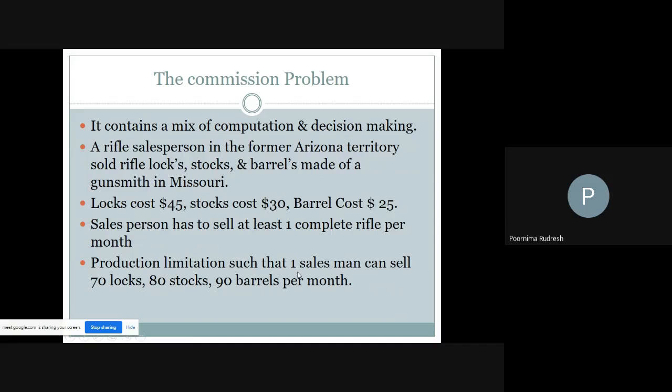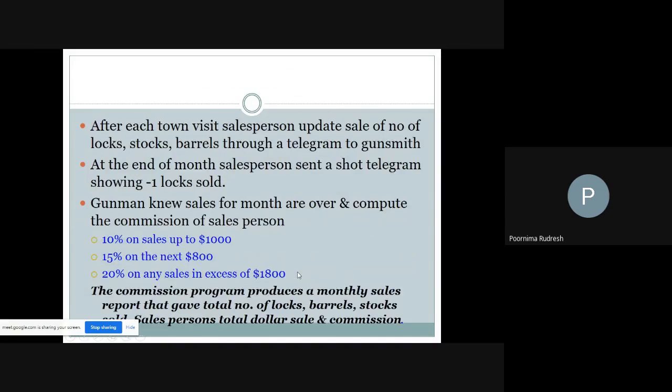After visiting each city or town, the salesperson sends the number of locks, stocks, or barrels sold in that city to the gunsmith through a telegram. At the end of the month, the salesperson sends a short telegram showing the totals sold.